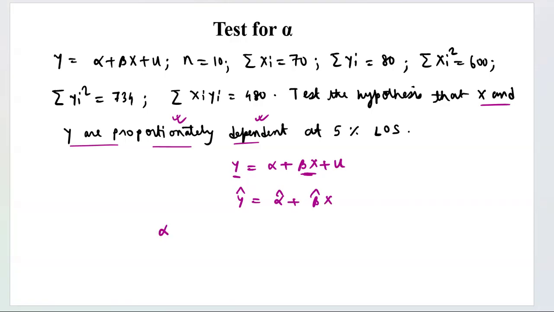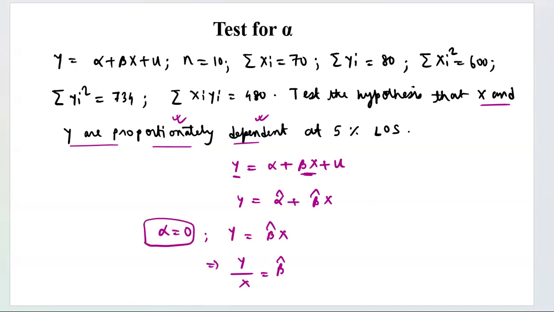So, if you consider alpha to be zero in our original model, then what will happen? Y cap will be beta cap x. Or let us not write y cap, let us write y. So y will be beta cap x. This is what we have. So y upon x will be beta cap. So a proportional relationship exists between x and y only when alpha equals 0, right?